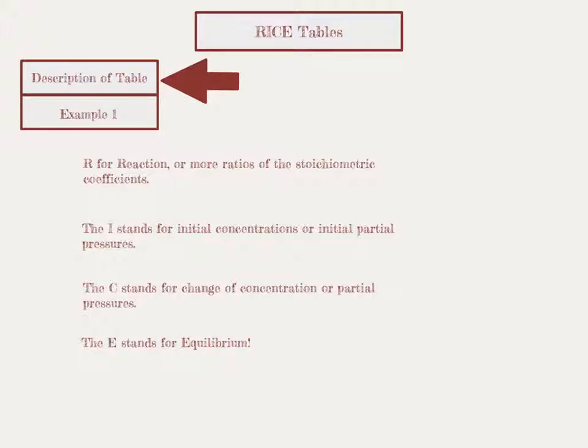The E row in our ice table is the most useful because these values or algebraic expressions can be substituted into equilibrium constant expressions. Let's do an example to solidify our understanding of the organization of the rice table.